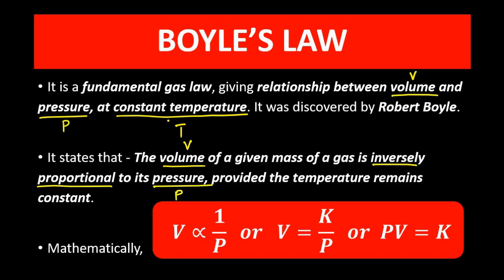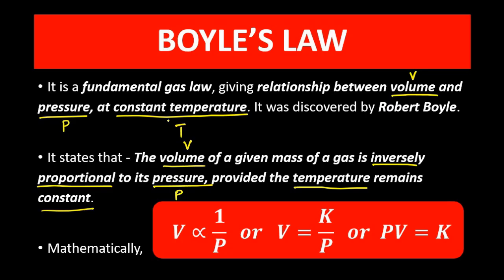The only condition here is that temperature should be constant. So at constant temperature, volume of a gas is inversely proportional to pressure, or pressure is inversely proportional to volume. Either way you state it, it is the same thing. Volume is inversely proportional to 1 by P, or volume is equal to K by P, where K is a proportionality constant.